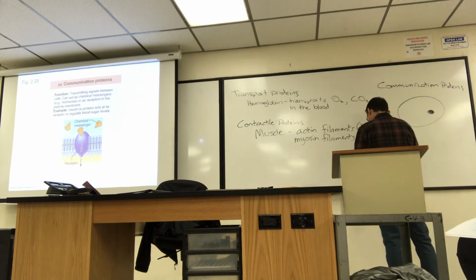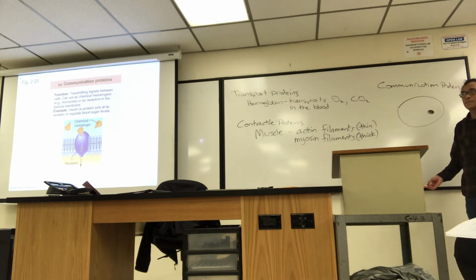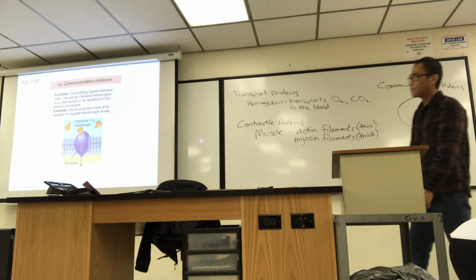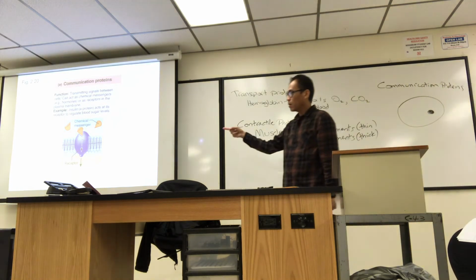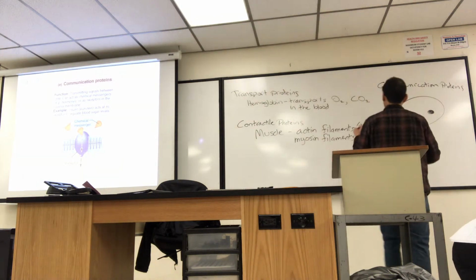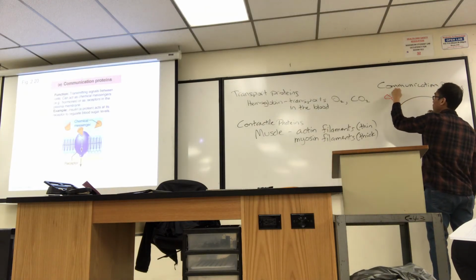And you have hormones that try to communicate with cells, and some of them are not lipid soluble because they're proteins and they can't get through the lipid bilayer to turn the cell on. So let's say this is the hormone that can't get through the cell membrane. It would just bounce off.